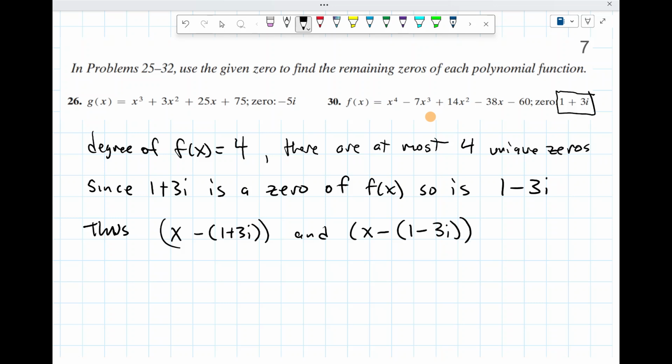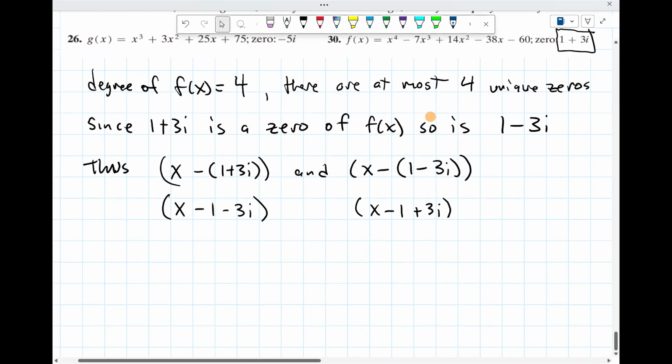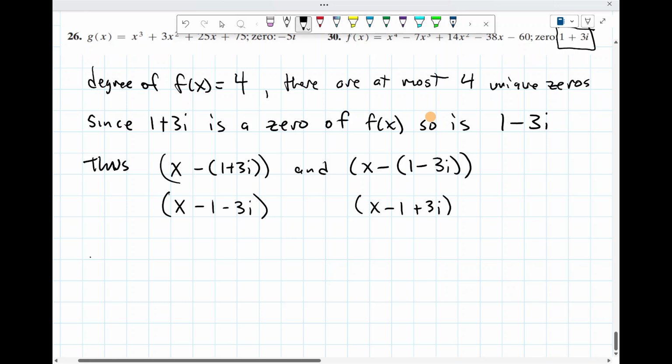And notice that I put these complex numbers in parentheses. And then I can simplify them. Distribute that negative sign and we get x minus 1 minus 3i. And remember, the negative just changes the sign of both numbers inside that parentheses. And so this becomes, my positive 1 becomes negative 1, my negative 3i becomes positive 3i. And what I want to do is we're going to multiply those two factors.